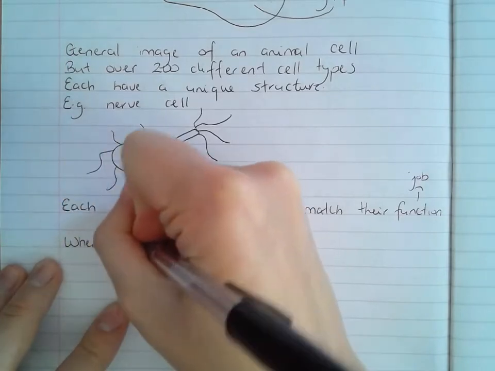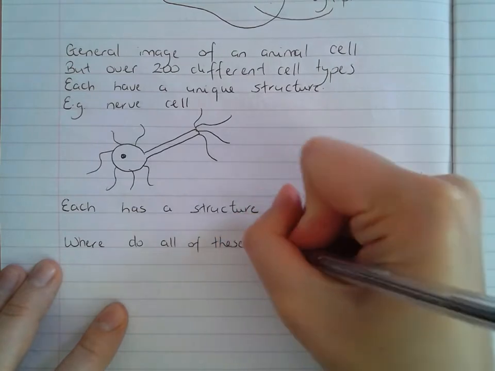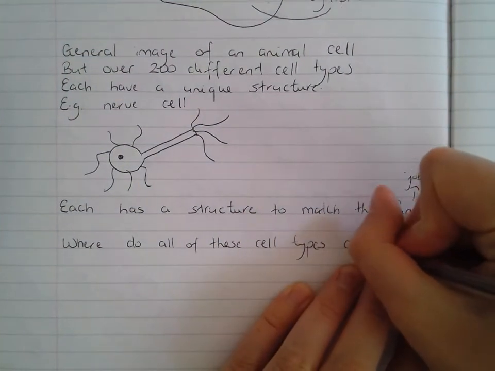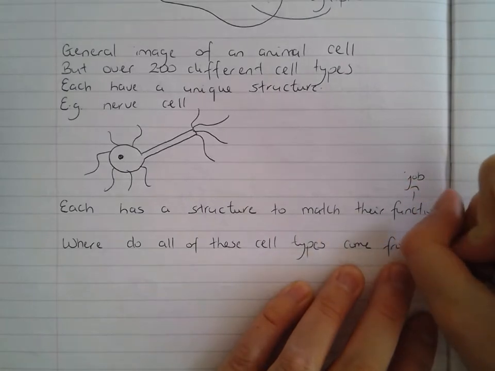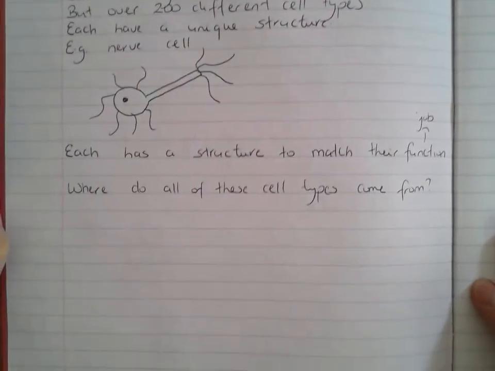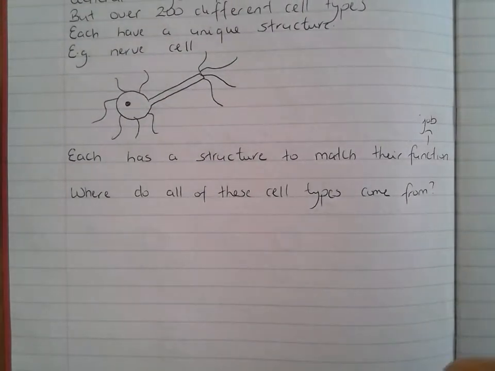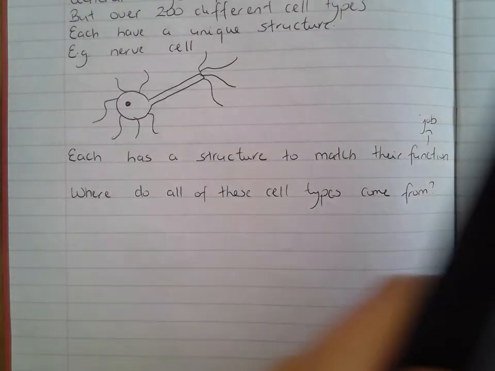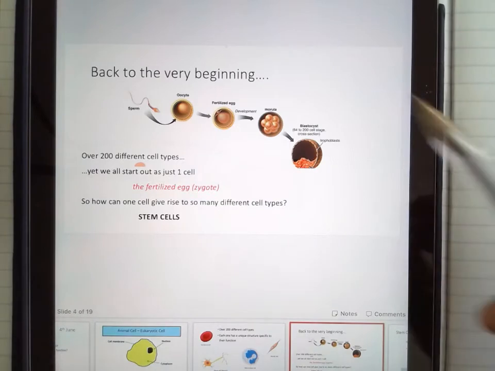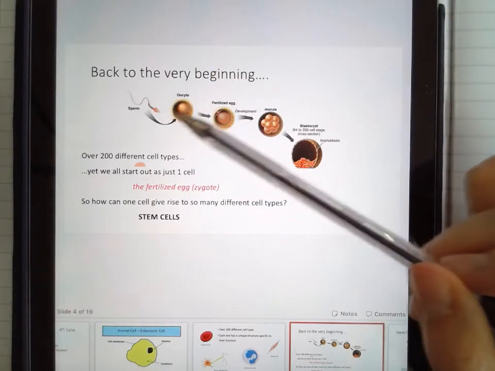The question is, where do all of these cell types come from? That might not have been a question that you've ever asked yourself. Where do all of these different cell types come from? Okay, but if we look back at the beginning of all life, so if we go back to the very beginning, and by that I mean back to the point where the sperm meets the egg.